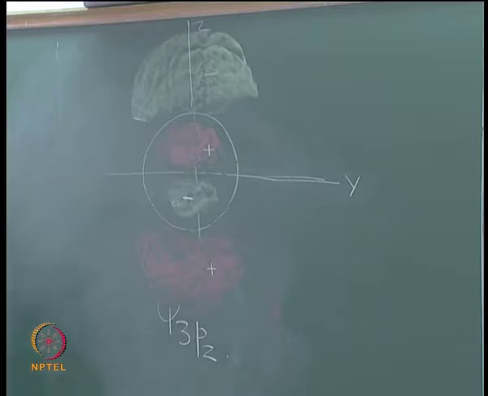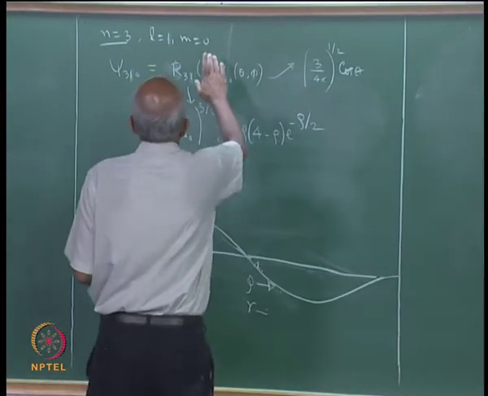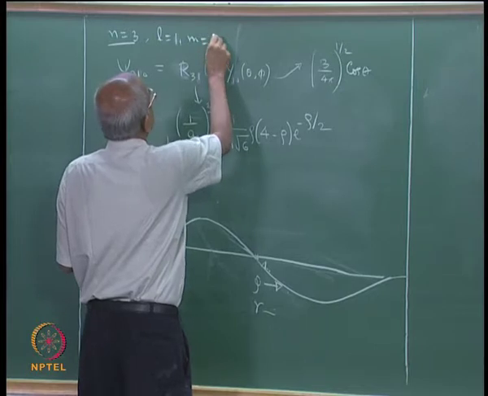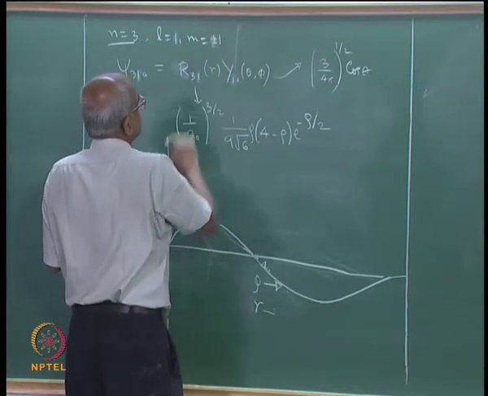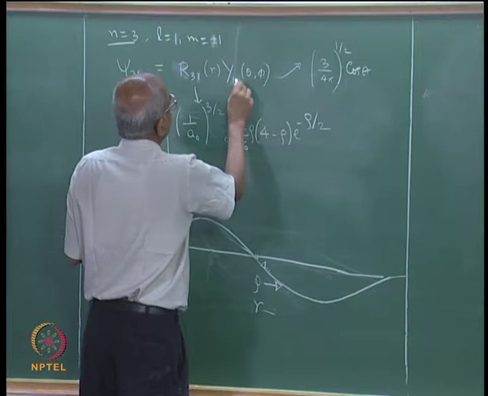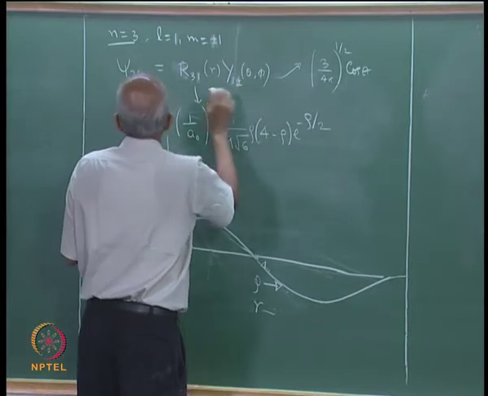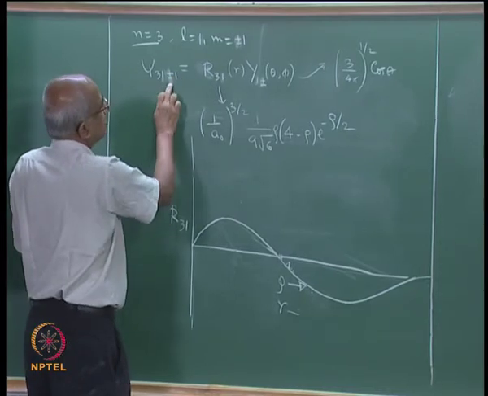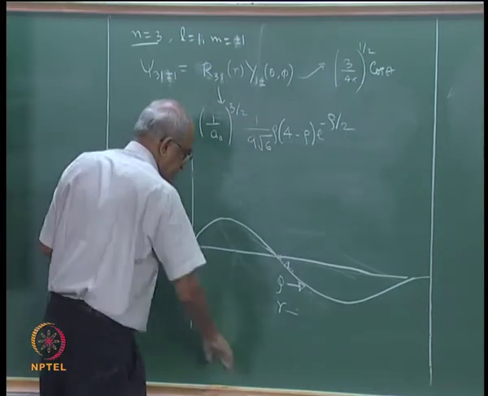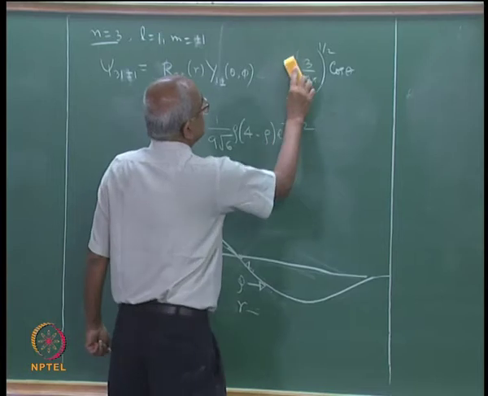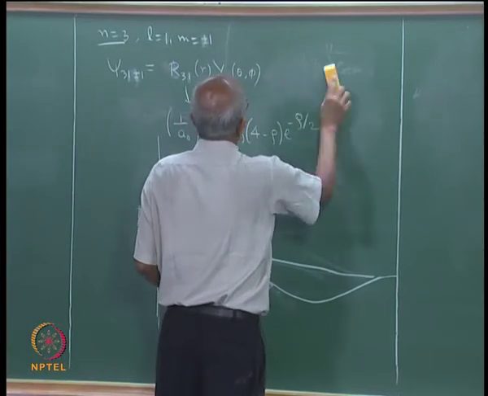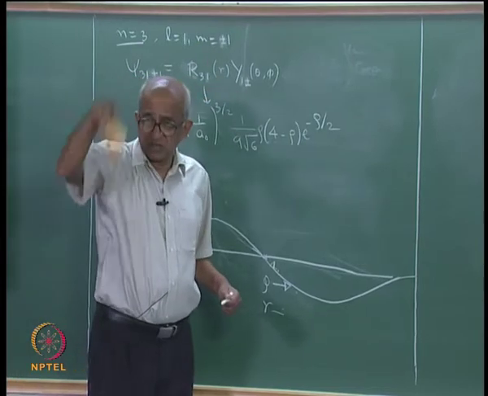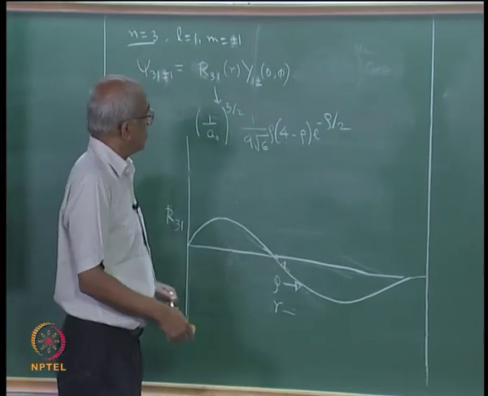And then we have to think of m equal to plus or minus 1. I will just modify things here, instead of 0 I will put plus or minus 1, and then you will have e to the power of i phi or e to the power of minus i phi, but we are not too happy with that.